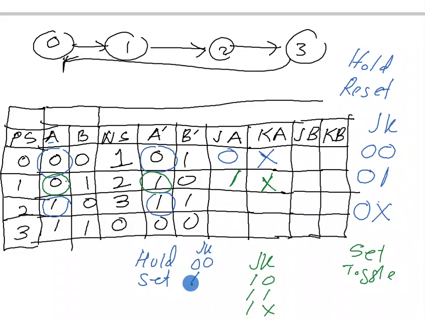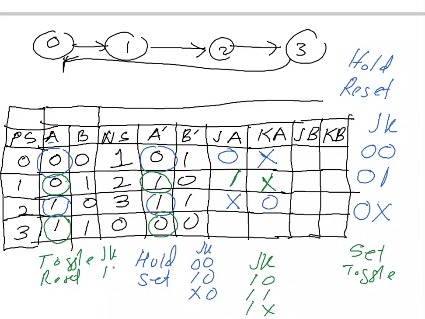If set, 1 0. So J can take any value 0 or 1. We put X, then 0, X 0. And then for the last row, A 1, A prime 0. What mode caused the change from 1 to 0? 1 to 0 is either toggle or reset.